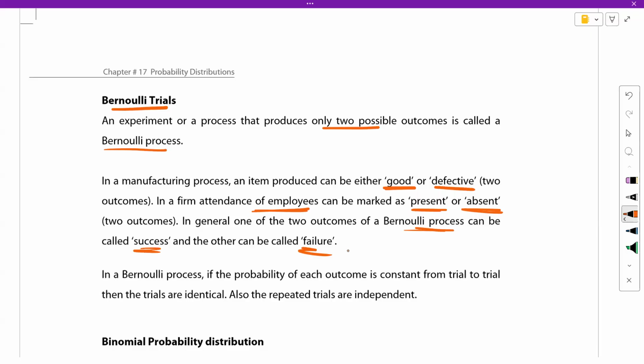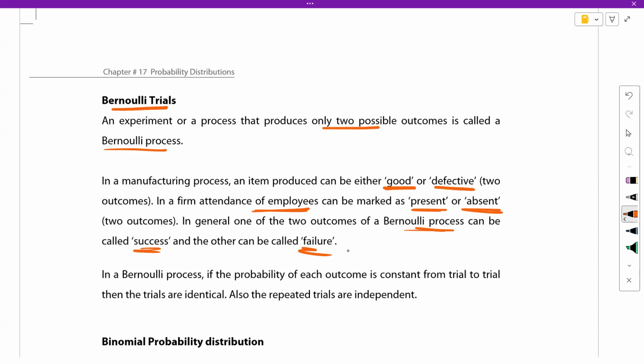If you expect an employee to be absent, then in that instance you are considering absent as the success, and present as the failure. In the same context, if you expect employees to be present, then you consider present as success and absent as failure.